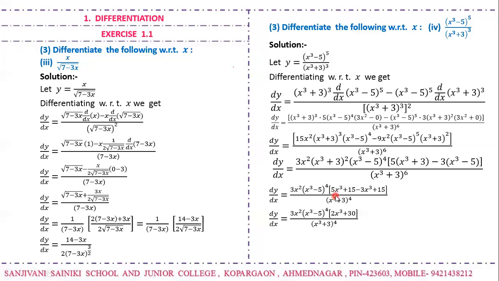So 2x³ plus 30. Then we can take this 2 common. So it becomes 6x² into (x³ − 5)⁴ into (x³ + 15) upon (x³ + 3)⁴.